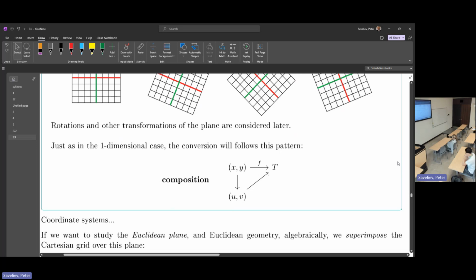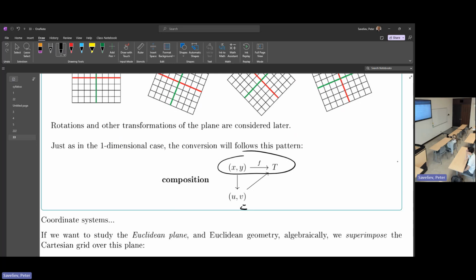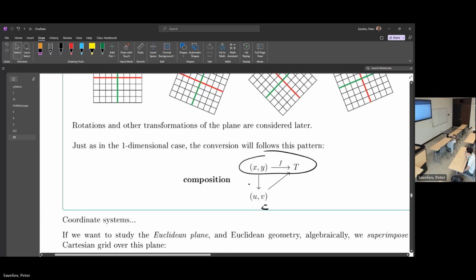So from x, y to t, that's something you have had already, suppose. And then you want to change the coordinate system to a new one. What do you do? You have a change of variable, a change of coordinate system formula, number one, and then you just do a composition of these two, and then you have a new formula.